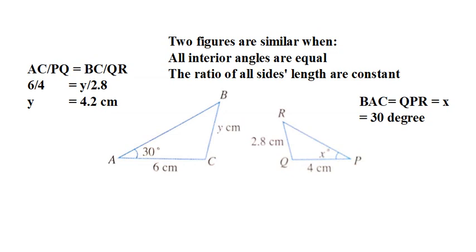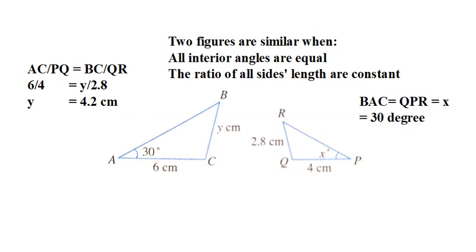Adjacent means the next neighbor line, to check whether it corresponds to the other or not. That's how I work on these kinds of questions. So we have our x.